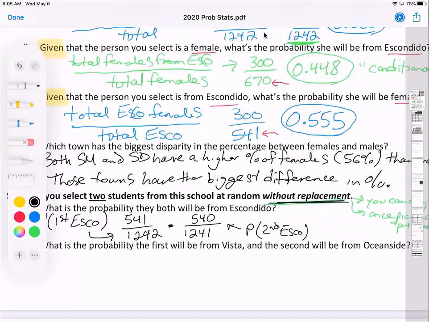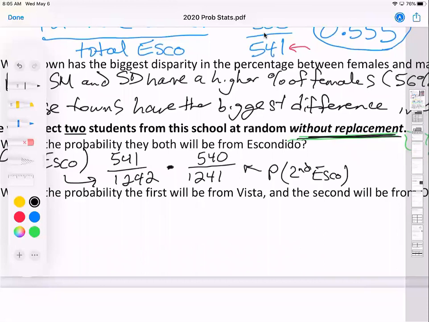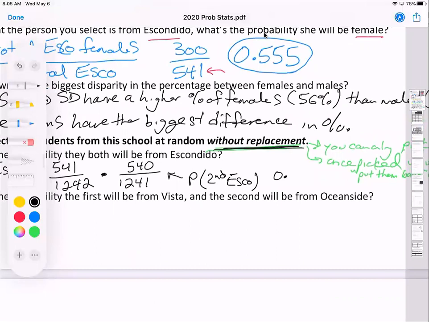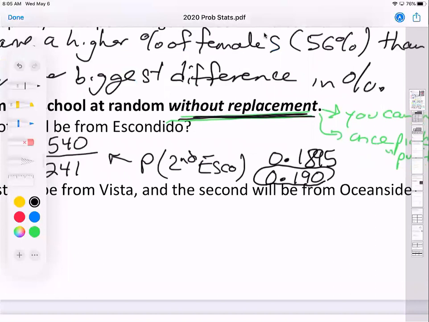And then to calculate that, when you're taking two, you'll be multiplying them. So that would be 541 over 1242 times 540 over 1241. So the probability that they both would be from Escondido when you multiply that out is 0.1895, which rounded would be 0.19. So there's a 19% chance that you would get two students from Escondido.